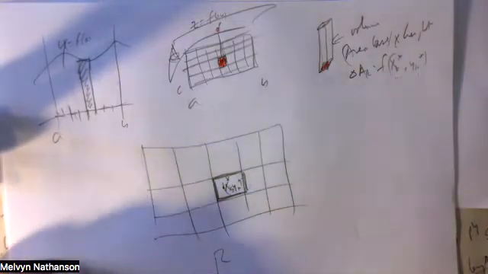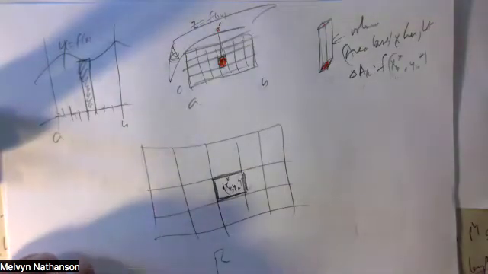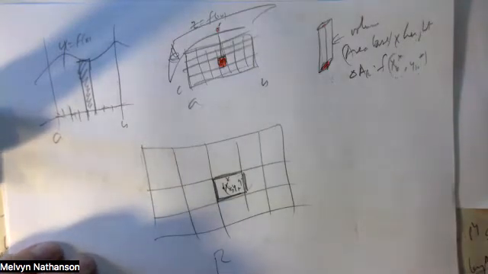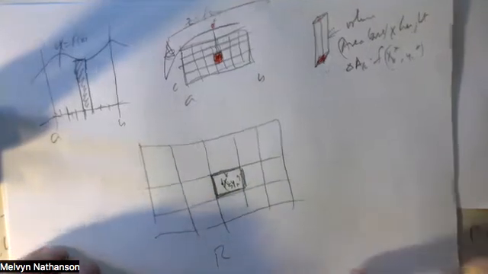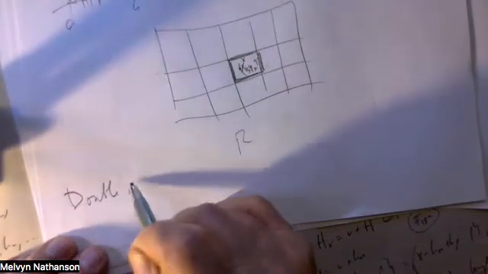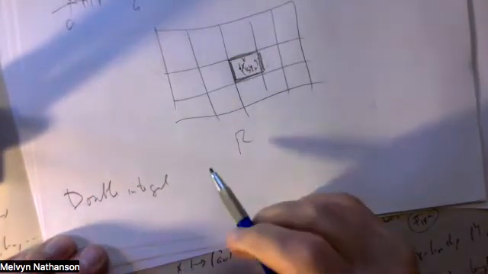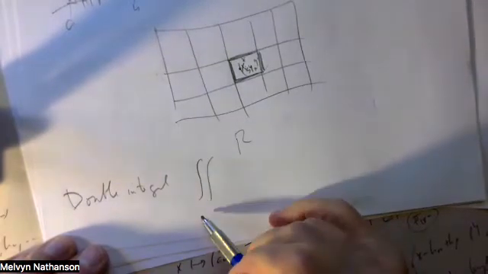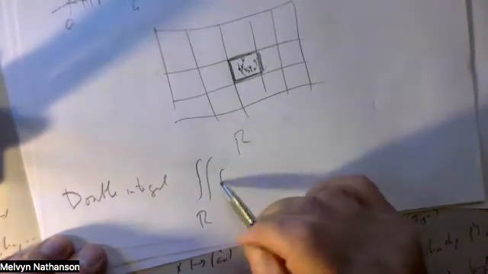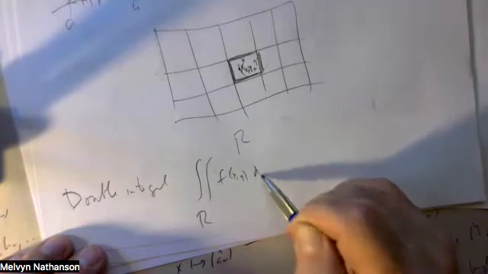And in advanced calculus, much more advanced calculus, you prove that as the number of pieces goes to infinity, but the area of each base gets smaller and smaller, this sum converges and we get what is the double integral, the integral over the region R. I'll write it as f of x, y, dA.